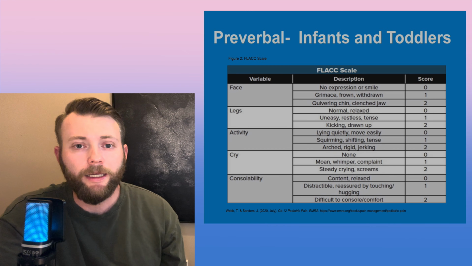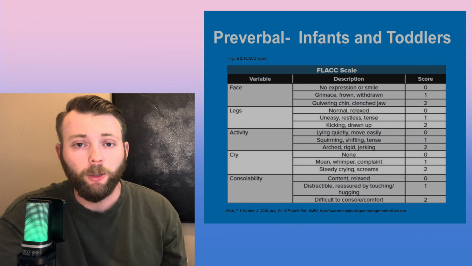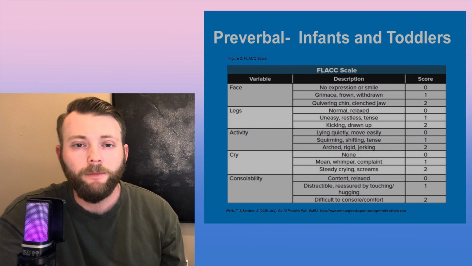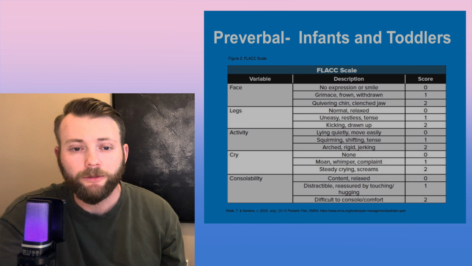Some of the ways that an infant is going to express pain could involve kicking their legs and waving their arms, arching of the body or having a rigid body, making different facial expressions, being easily irritated, not eating, not sleeping, or not being easily comforted, which is inconsolability.